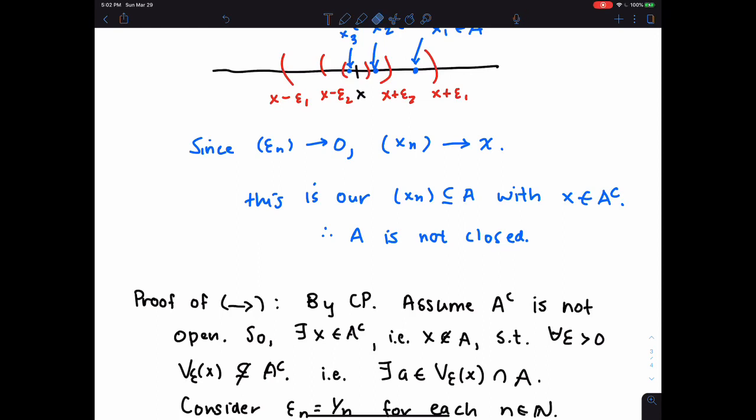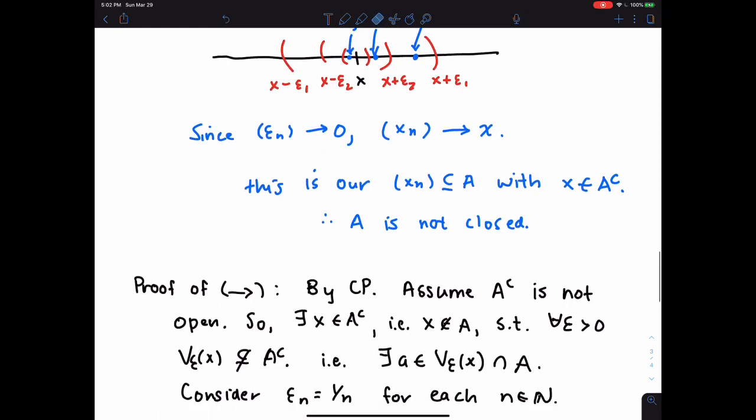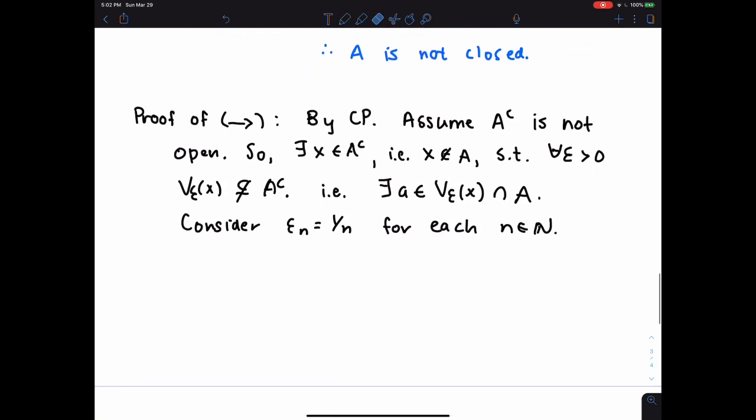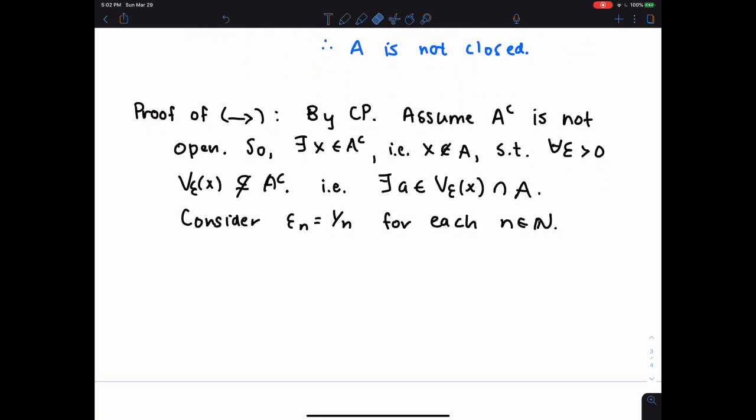The reason it is forced to converge toward x is because the epsilon sequence is going to 0, meaning you're getting closer and closer to x. So then by assumption here, there has to exist an x n that's in V epsilon n of x intersect A.